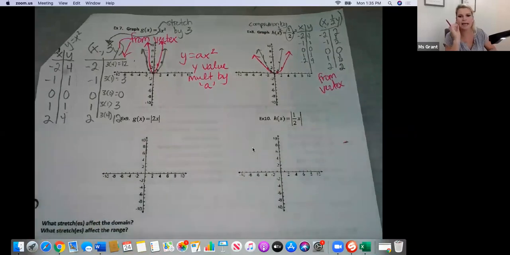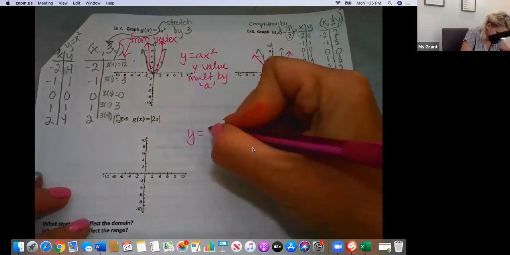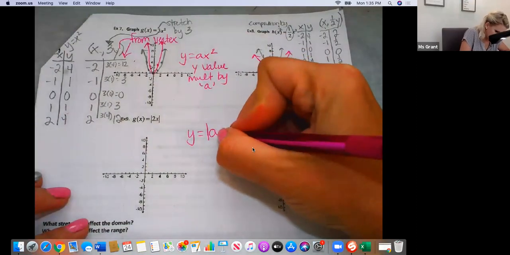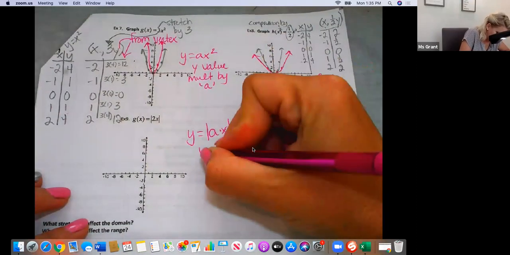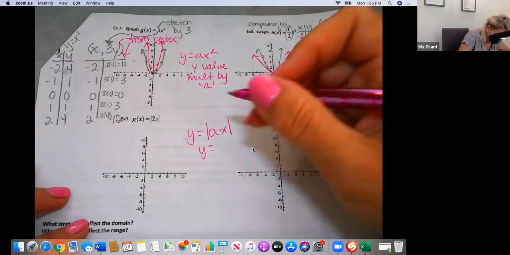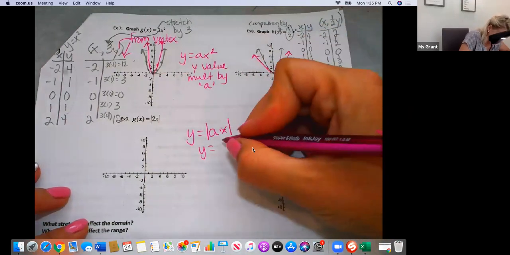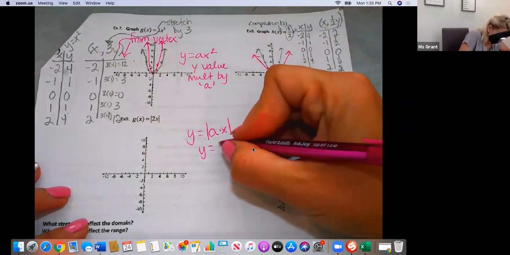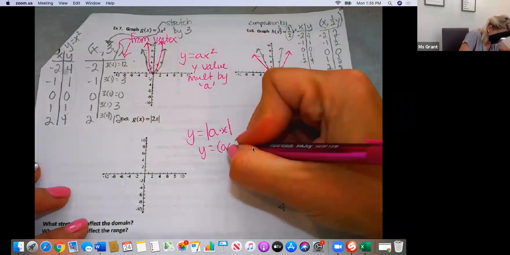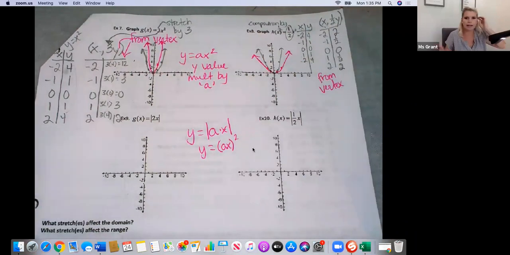When I get to 9 and 10, it's a little bit different because my A is inside. So it looks like this. Either A times X or Y equals, it could be like AX squared, something like that.